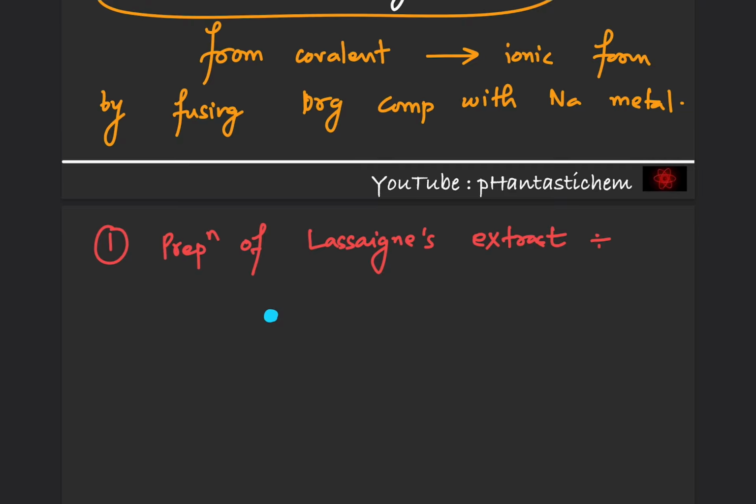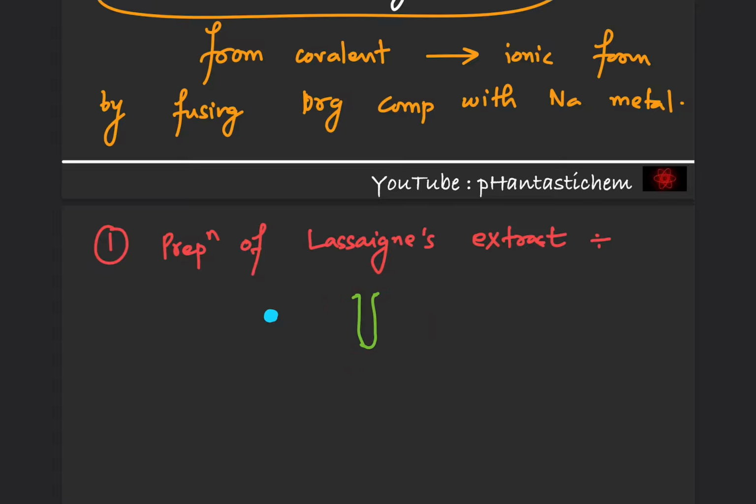So let's say this is a fusion tube. A fusion tube is a small thin walled tube. It is used specifically for Lassaigne's test, and it is designed to be broken into a china dish which contains water, and we will see that in a while.